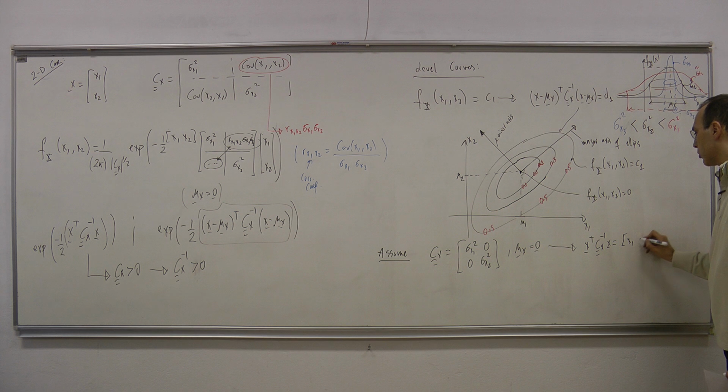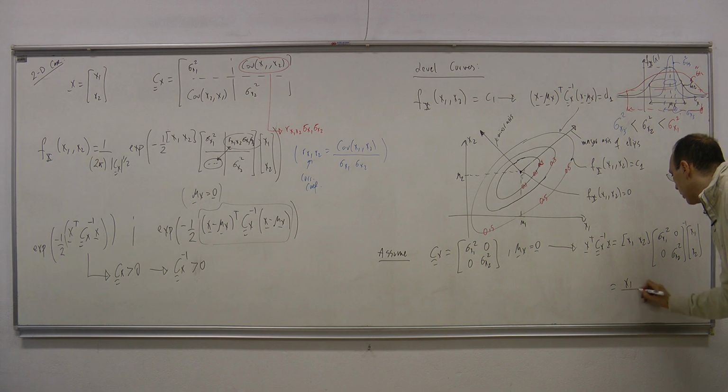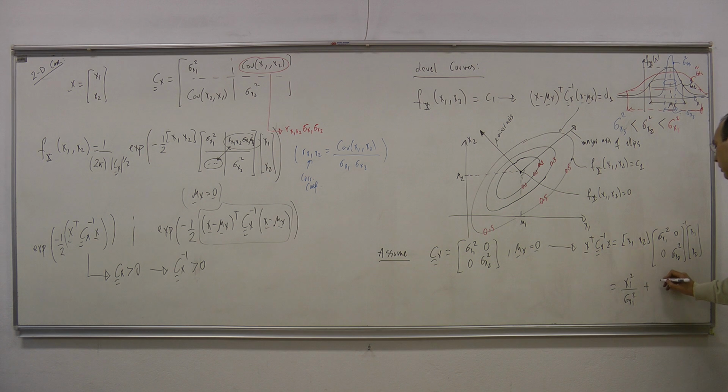So this is X1, X2. Am I right? But there is an inverse over here. I have zeros also. So this is equal to X1 square over sigma X1 square, plus X2 square over sigma X2 square.